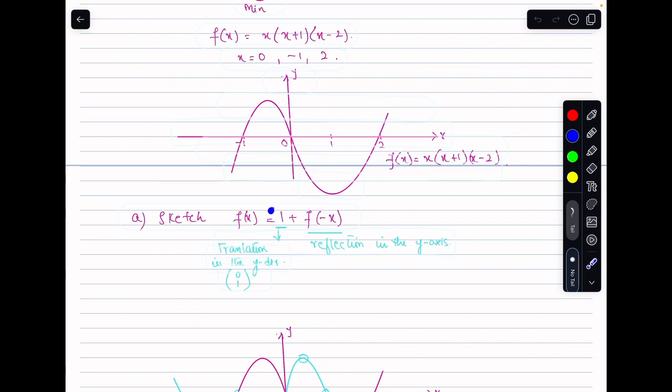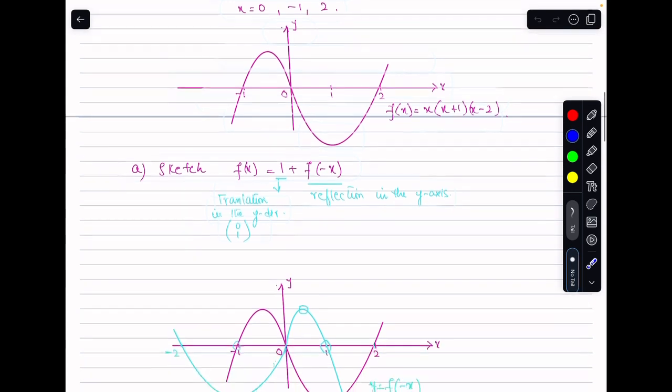So plus 1 here is a constant, therefore I know that it's going to be the translation in the y direction, so that the vector here is going to be (0, 1). f of minus x means it has to be the reflection in the y-axis here.